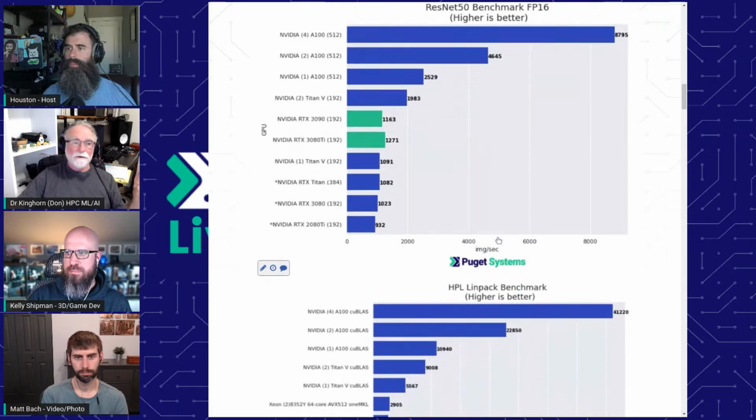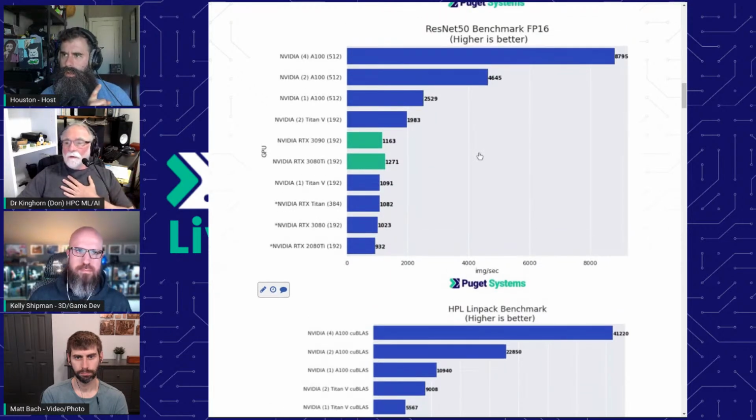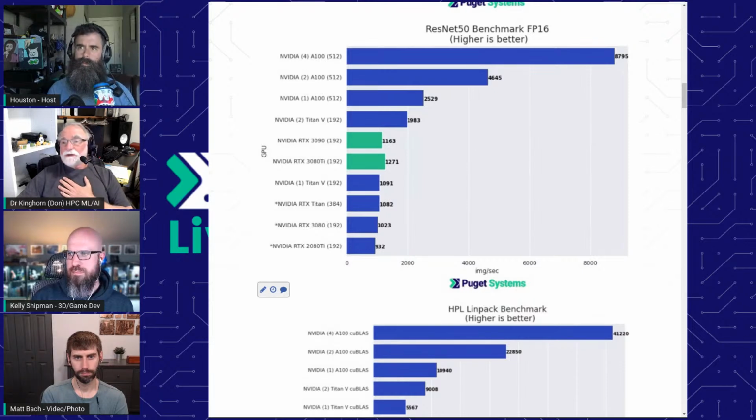NVIDIA's ecosystem for compute is tremendous. It's weird to see the 3090 turning in a number less than the 3080 Ti. That's one that I need to repeat. This chart, I just put these up here so I could show this stuff. These are not final results.